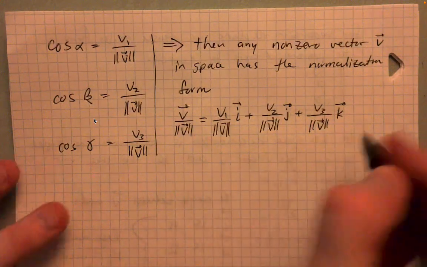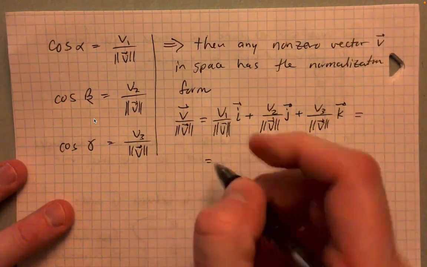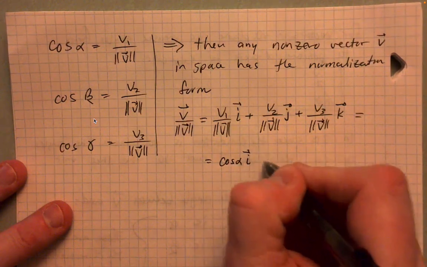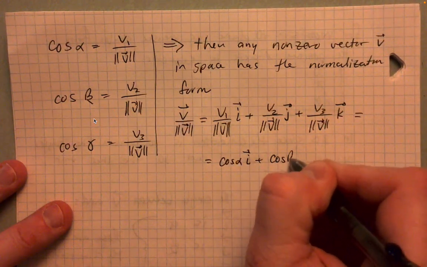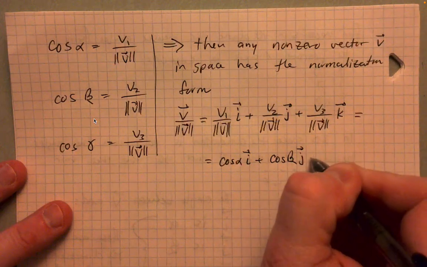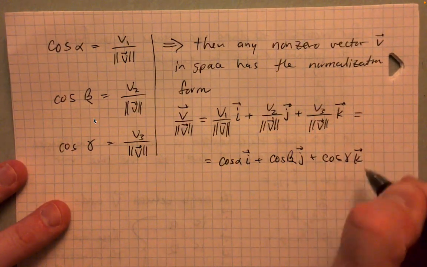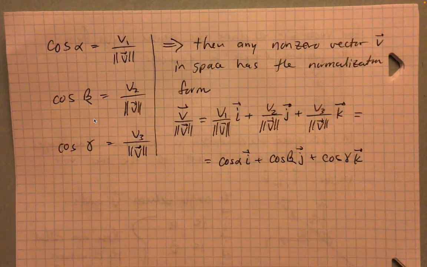Another way to say this, of course, is that this is just cos alpha i plus cos beta j plus cos gamma k.